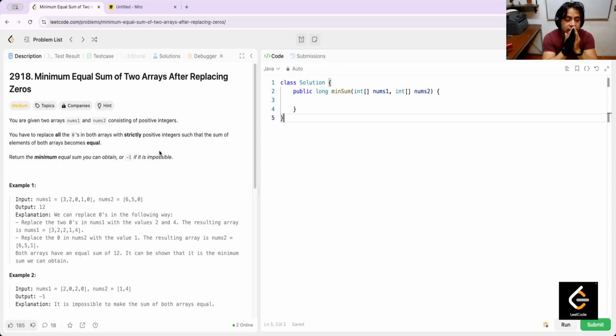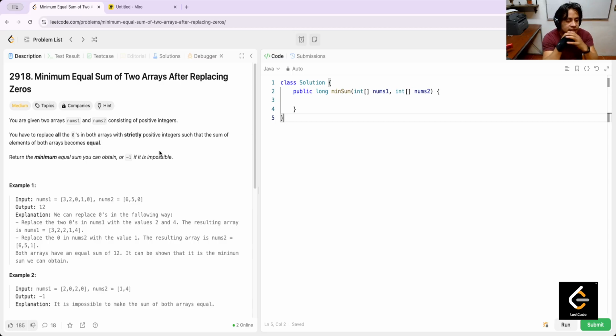You have to replace all the zeros in both arrays with strictly positive integers such that the sum of elements of both arrays is equal. Return the minimum equal sum that you can obtain, or minus one if it's not possible.